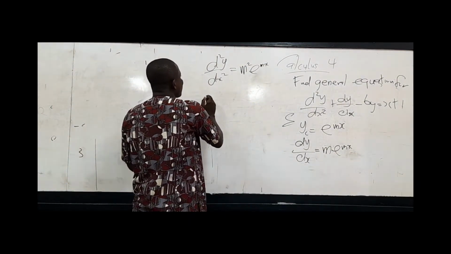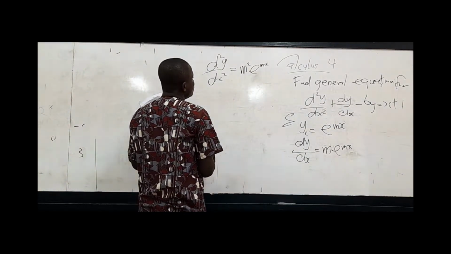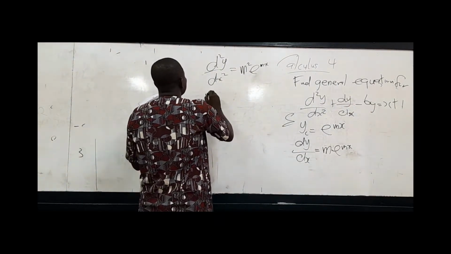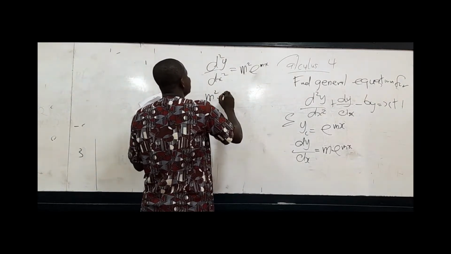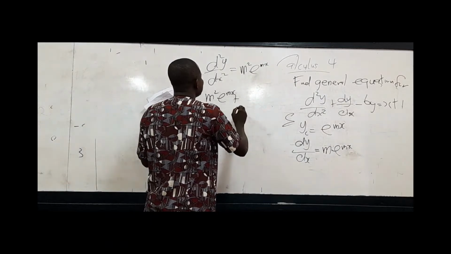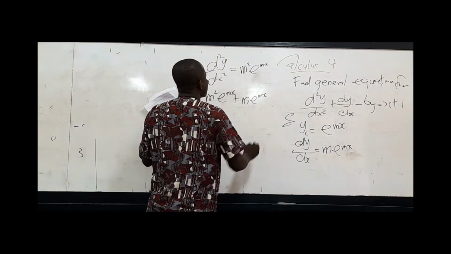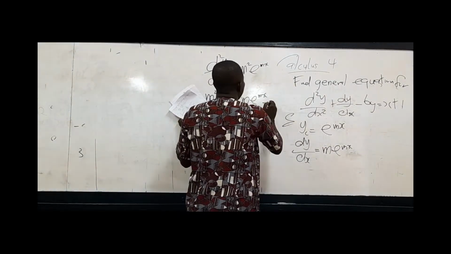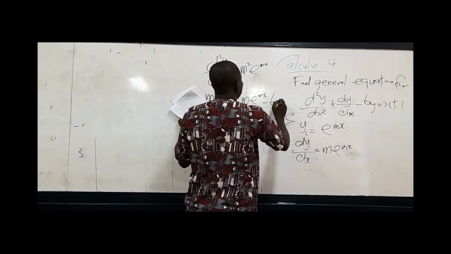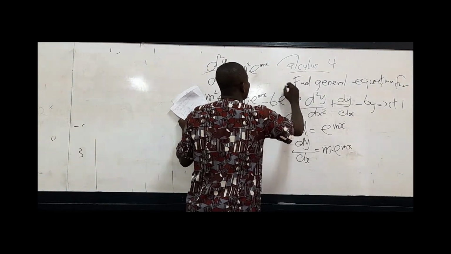So we have d squared y over dx squared is m squared e^(mx), plus dy/dx is m e^(mx), minus 6 e^(mx), all equal to 0.